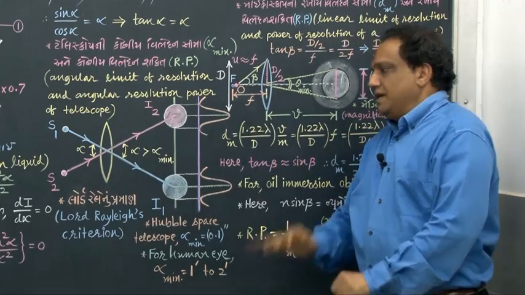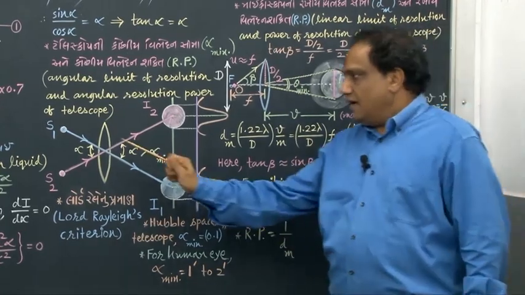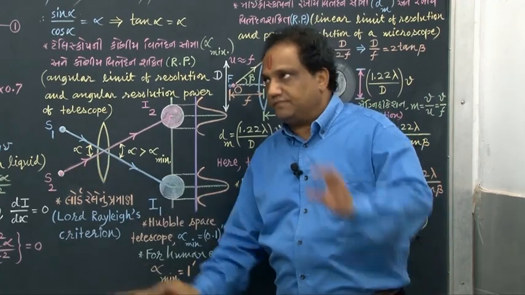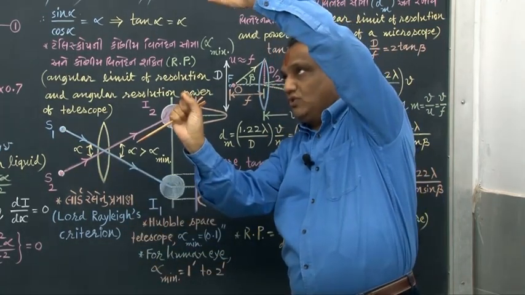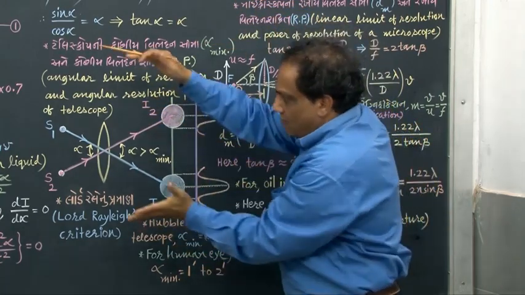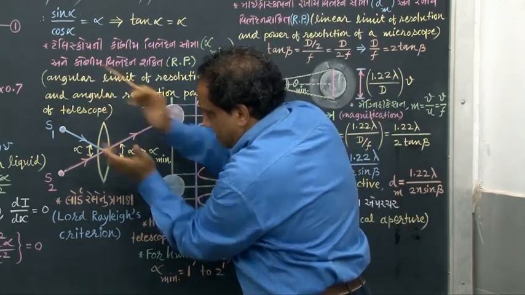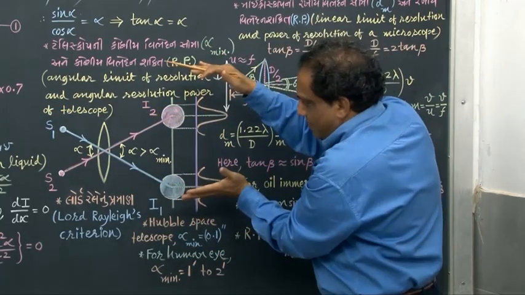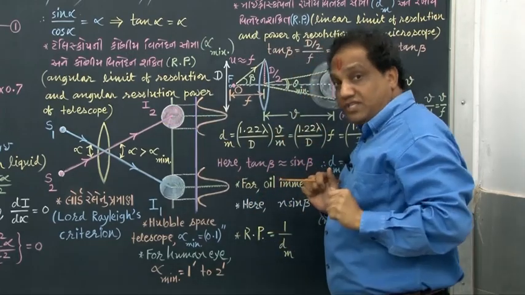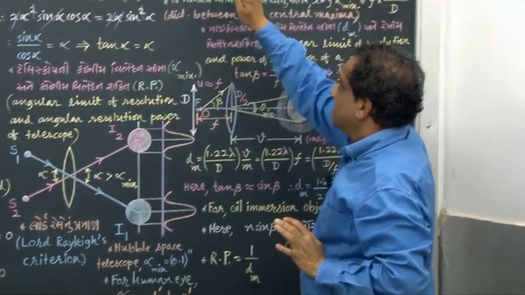Okay. Now let us do one thing. Let us bring these two point-like objects closer. Suppose we shift those two point-like objects closer to each other this way. When you bring them closer, naturally these two images also move closer. At one stage, the situation is like this.